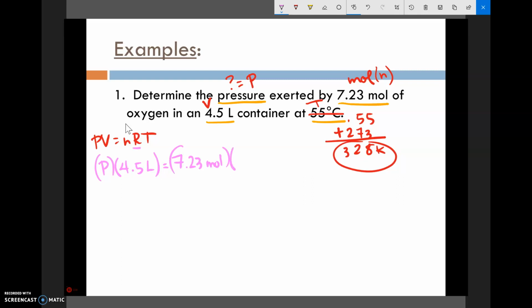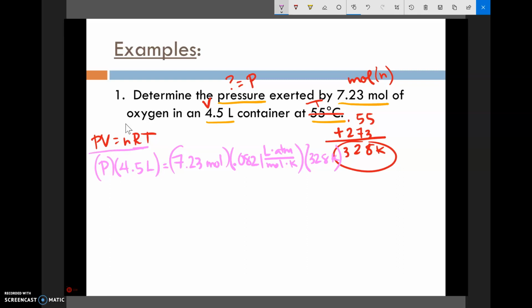Now remember, R is our gas constant, so this is 0.0821, and then the units for this are liters times atmosphere all over moles times Kelvin. And then our temperature is 328 Kelvin.